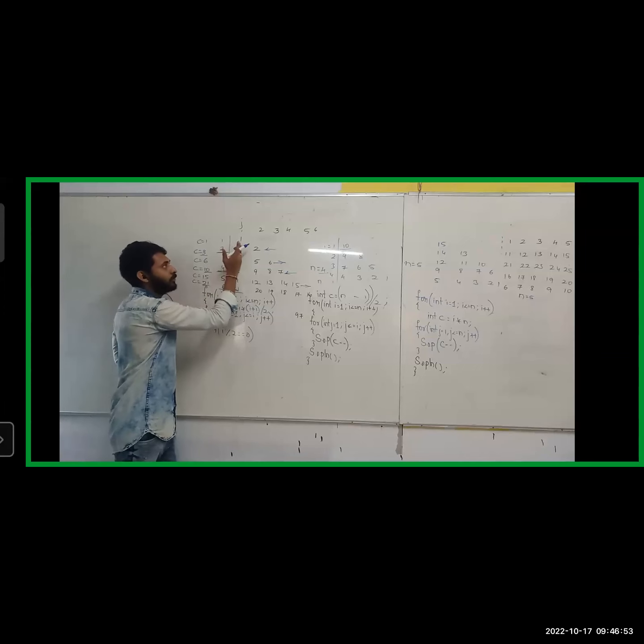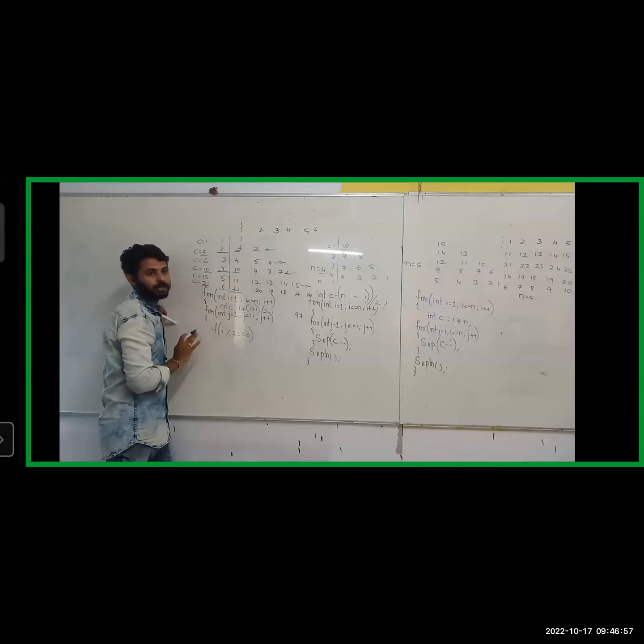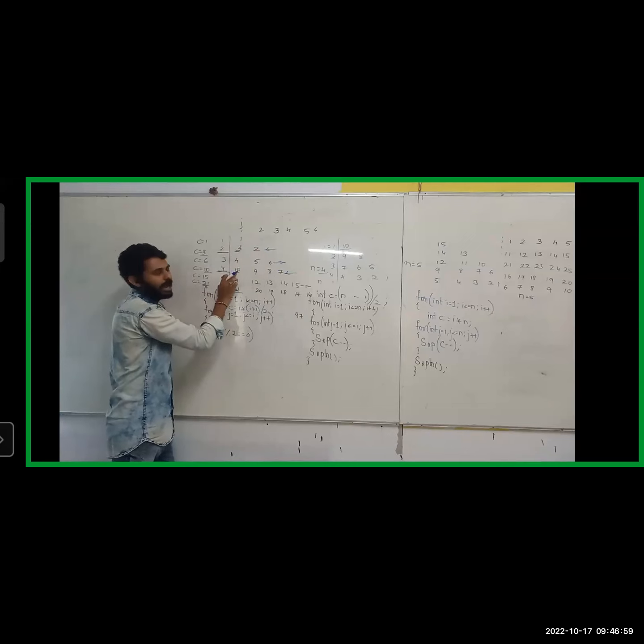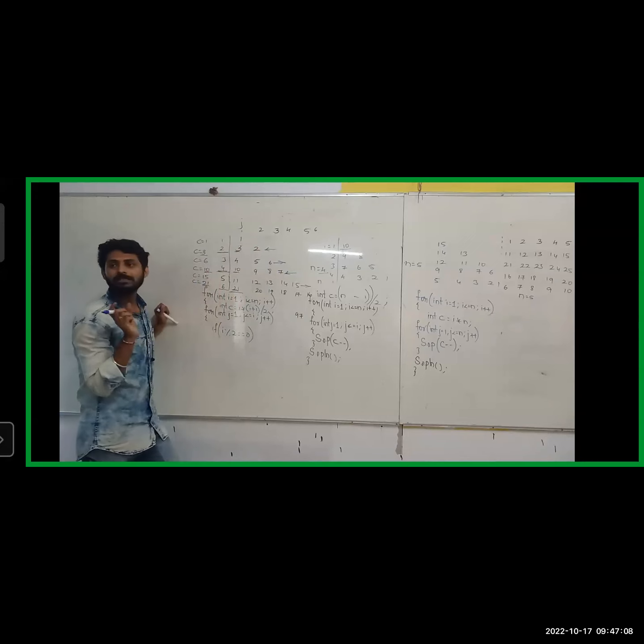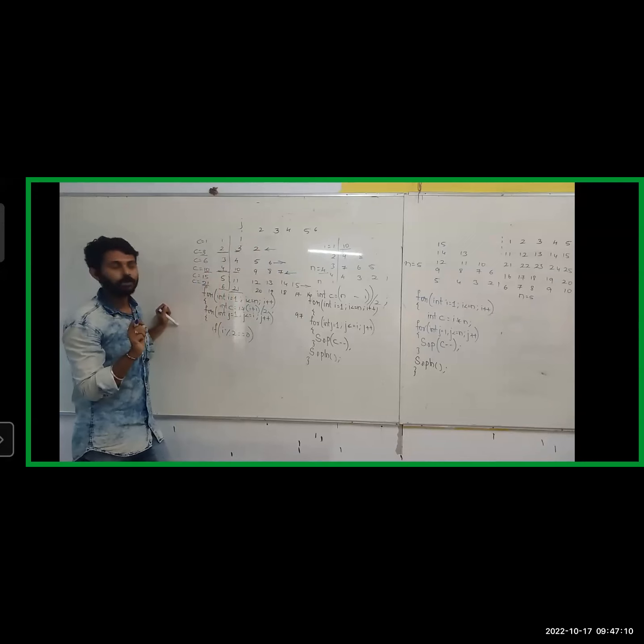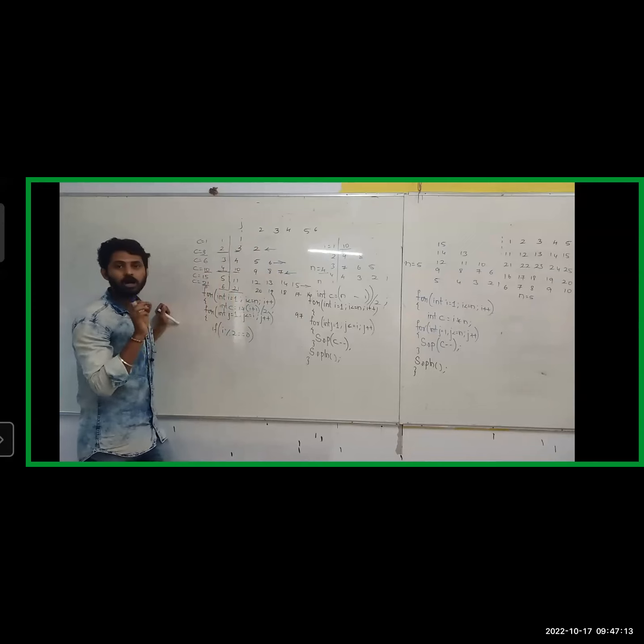Ultimately, as and when you increase the column, are you decrementing or incrementing? You check. From 10, I am incrementing the column. Whenever I'm incrementing the column, what should I do? Minus I should do. Getting my point? So now I got the C value as 10. So what I'll do is small changes here.